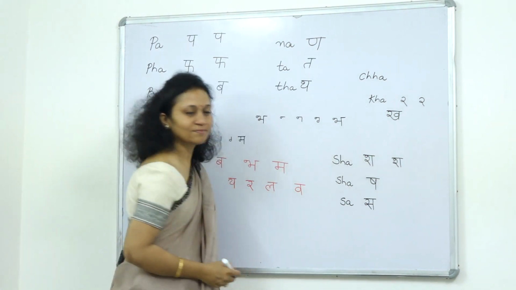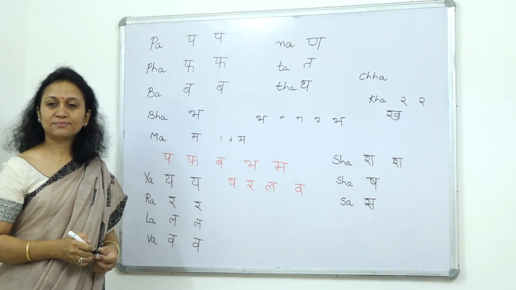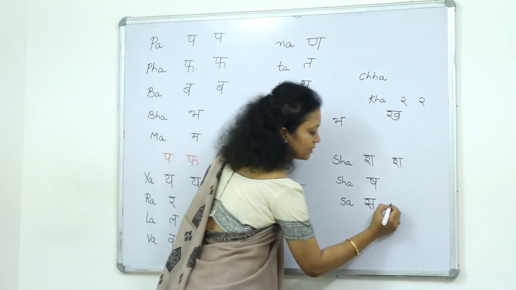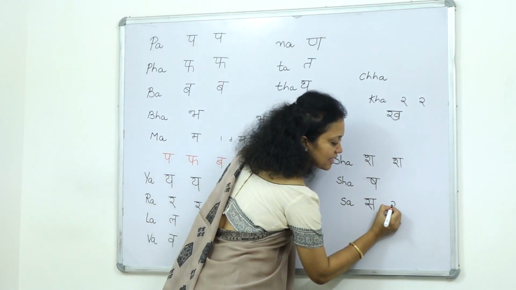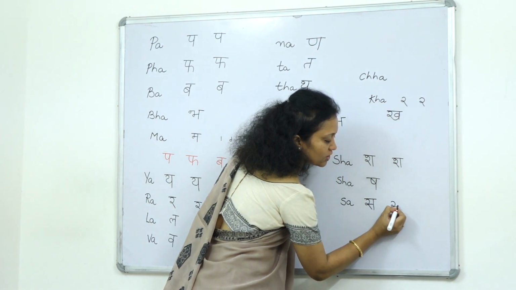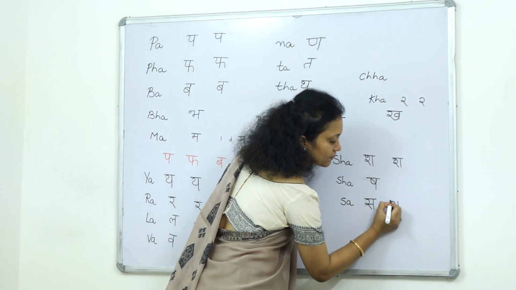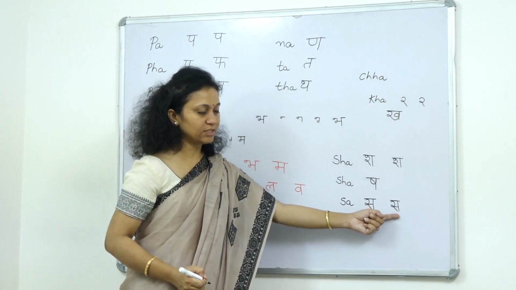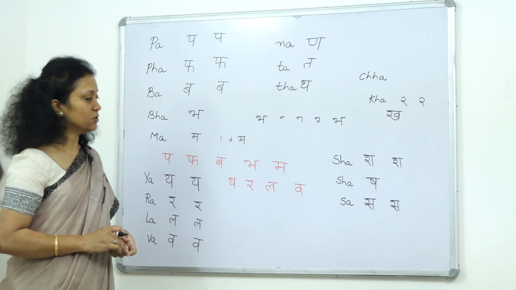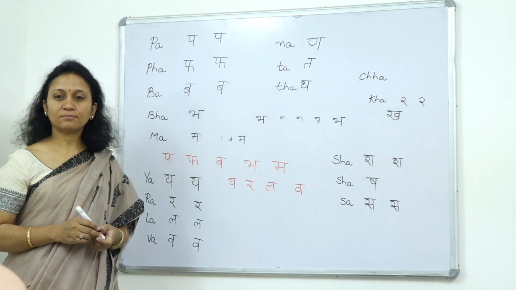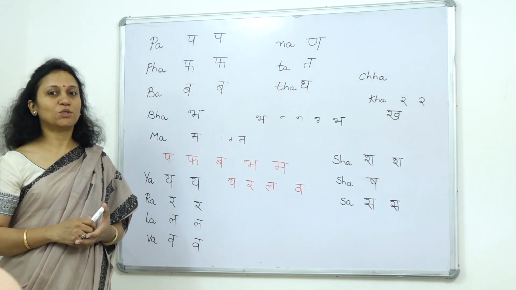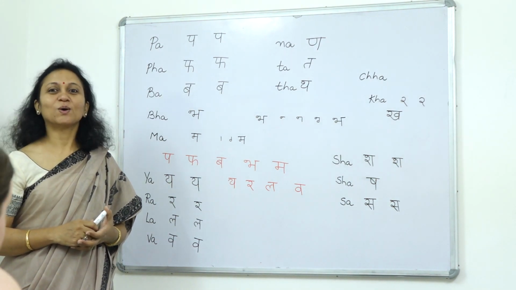So that's s. Once again, it's an R that you make, and from the loop center, you take a horizontal line and then a vertical line. Of course, these two lines don't join. So that's s.